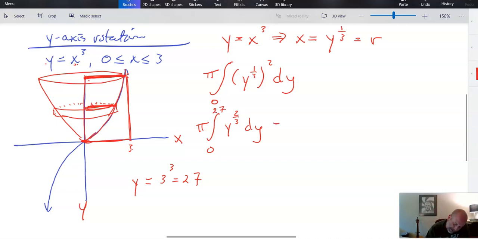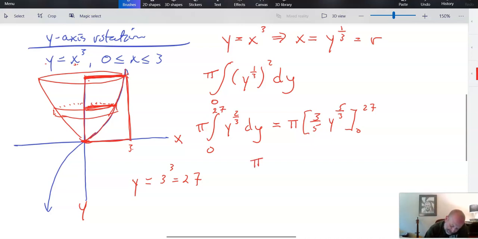Well, that's just a power function, so that means we can evaluate it. That's going to be 3/5 times y to the 5/3 evaluated from 0 to 27. Okay, so the 0 is going to be the easy part. So we'll handle the 27 first, right?